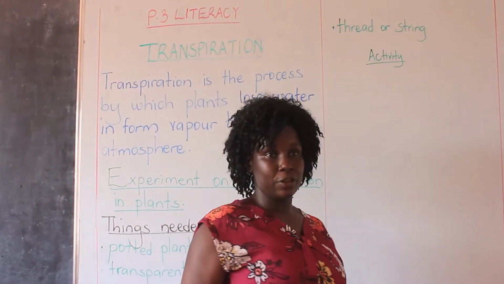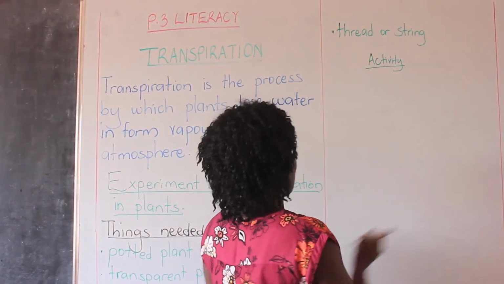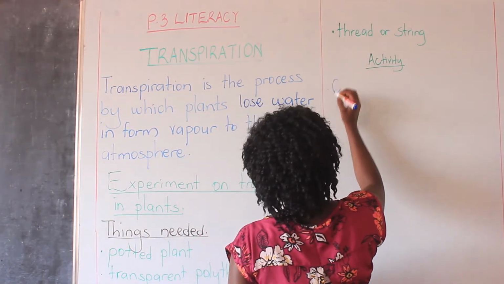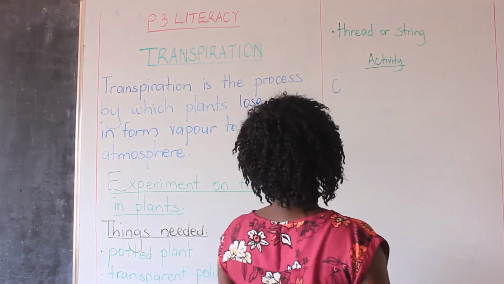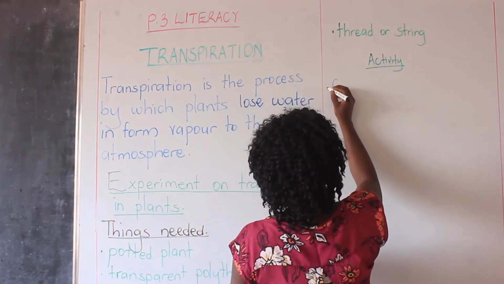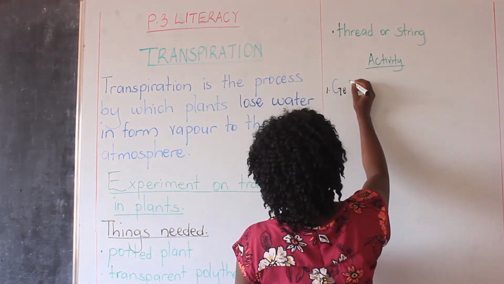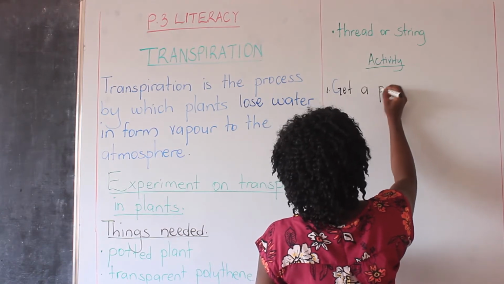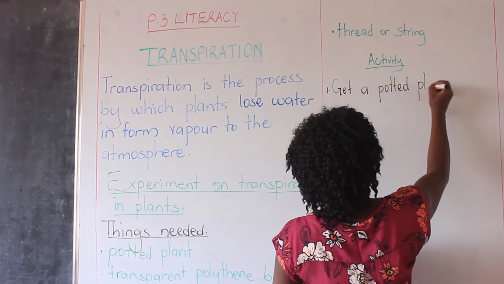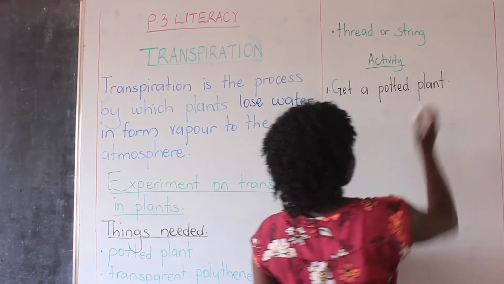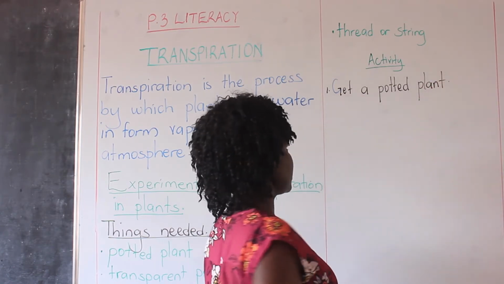You're going to do it after the end of the lesson. So number one, get a potted plant. You can use any tin. You're free to use any tin.